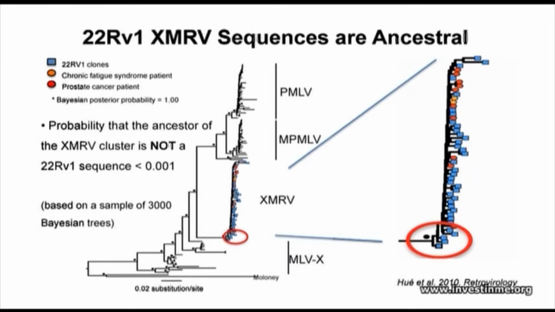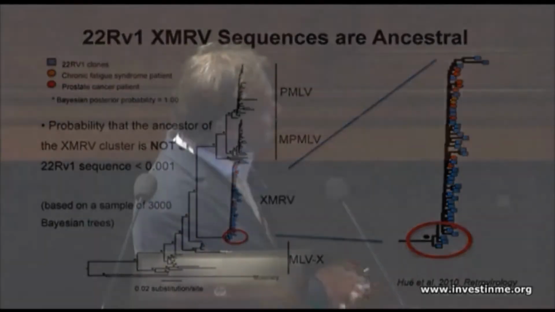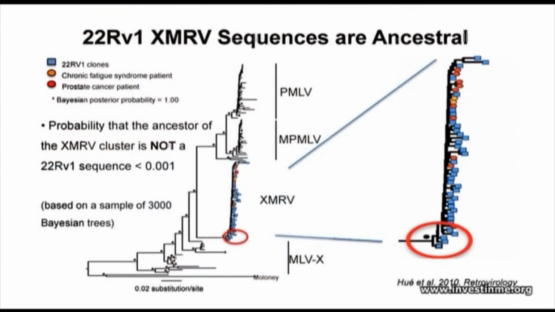And we found that all of the XMRV sequences clustered together as you'd expect. We found there was very little variation between them, which is a surprise. But the most important point is that the blue sequences from the cell line intermingle with the red and orange sequences from the patients. And you would not expect that if they had separate sources.